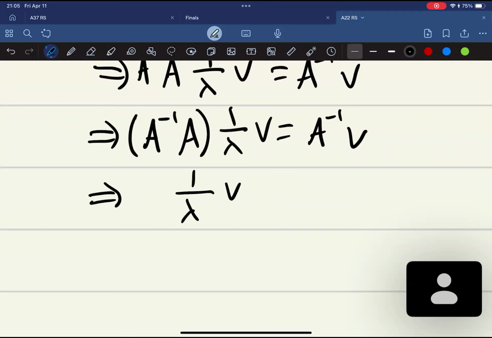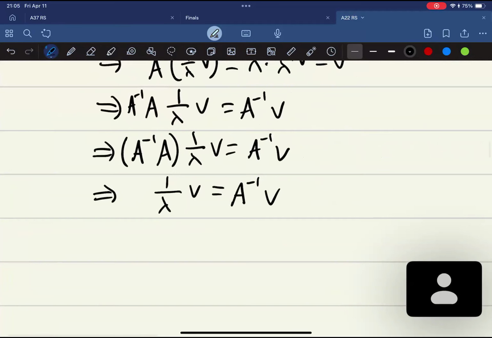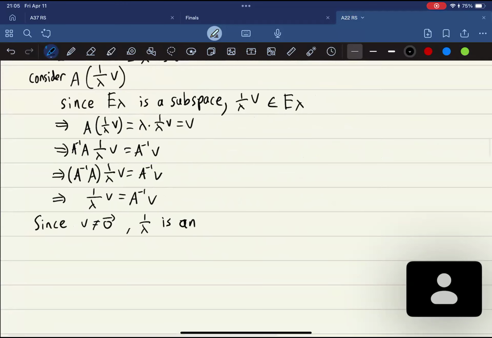So we get 1 over lambda v is equal to A inverse of v. Since v is non-zero, we get that 1 over lambda is an eigenvalue. And we're done.